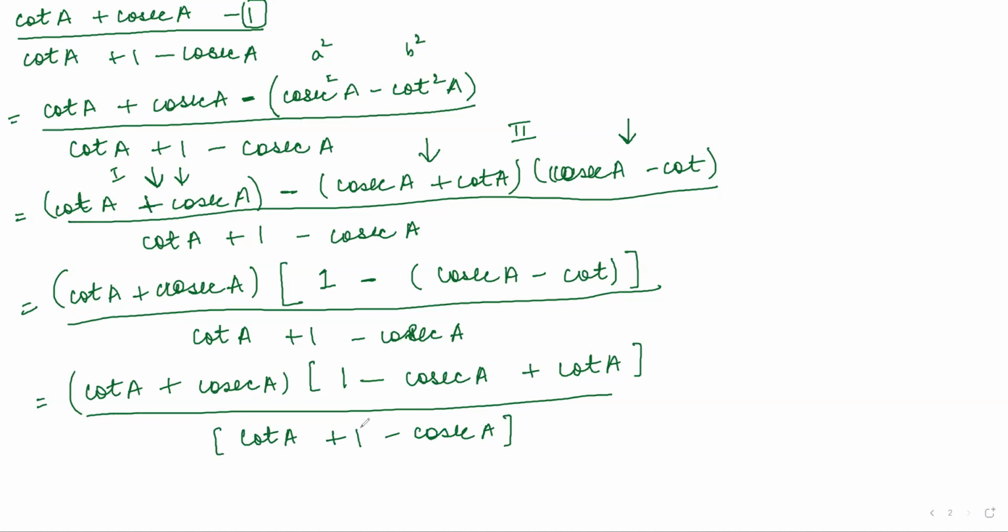Now look carefully. This bracket is same as this bracket. See, 1 is positive in both, cosec is negative in both, and cot is positive in both. Yes, Abdullah? So basically, this whole bracket and this whole bracket will get cancelled out, right? And you are left with cot of A plus cosec of A, which is equal to your RHS.